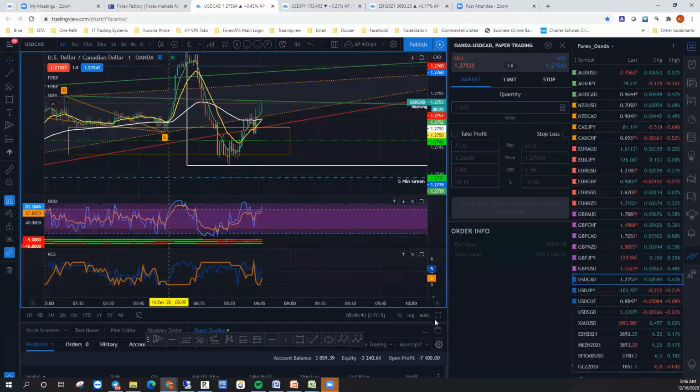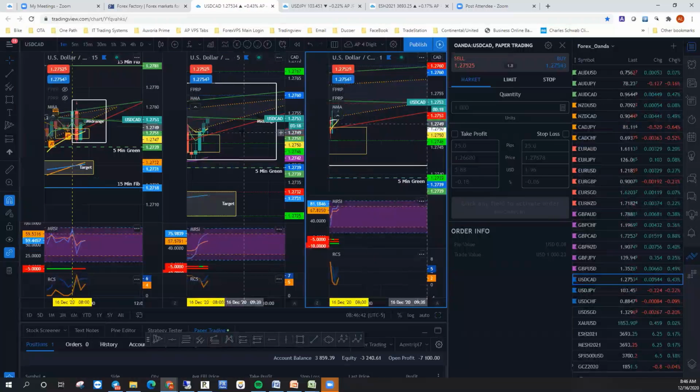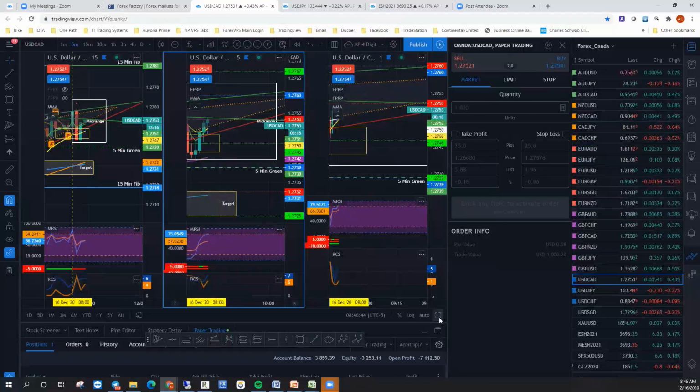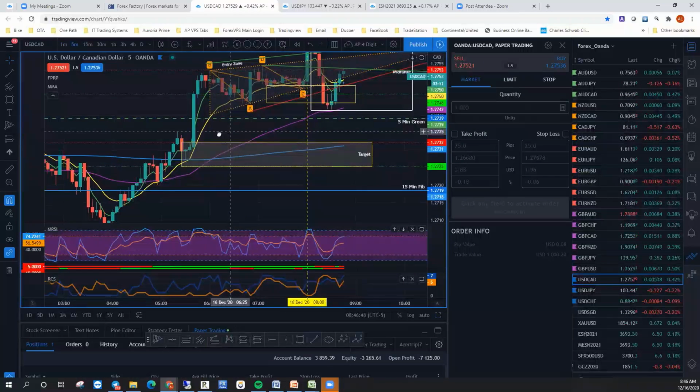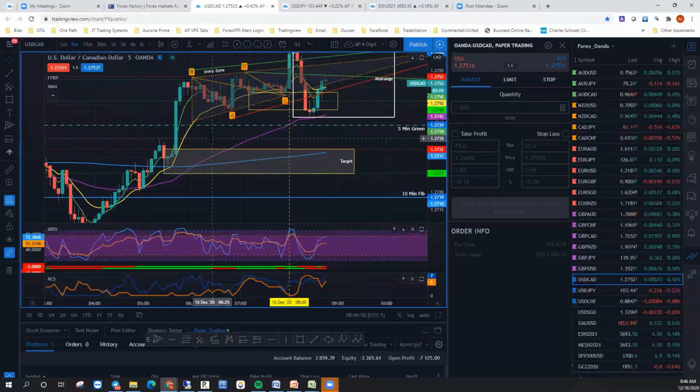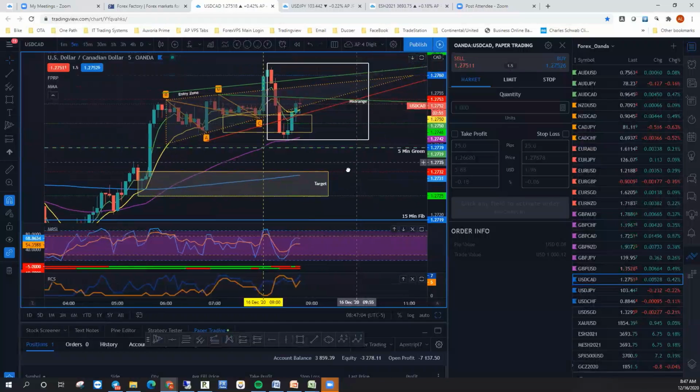Let's go back to our 5-minute chart. We have a little bit of a trend line right here following this. Again, this is where I even mentioned earlier I'm a little concerned about having to bounce off of the 5-minute 62, which we did.